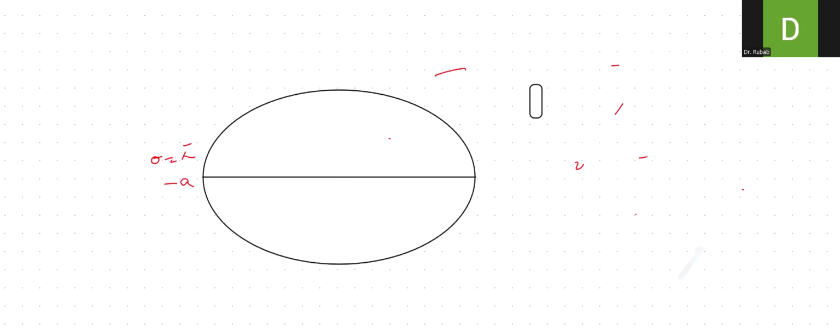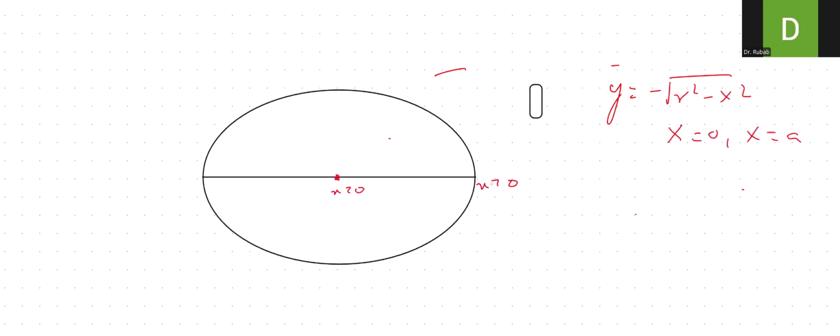So if we have y is equal to minus root of r square minus x square with x limit 0 to a, then we are dealing, this is x0 and this is xa. So then we are dealing with this part because this is y is equal to minus root of r square minus x square, right? In this case, r varies from 0 to a, right?